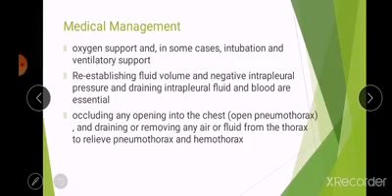Because of the hypovolemia, kailangan mag-reestablish ng fluid. And also dahil nawala na yung negative pressure, i-re-establish natin ngayon ang negative pressure. So, kailangan ma-re-establish yung mga fluid losses and yung negative pressure na nawala.